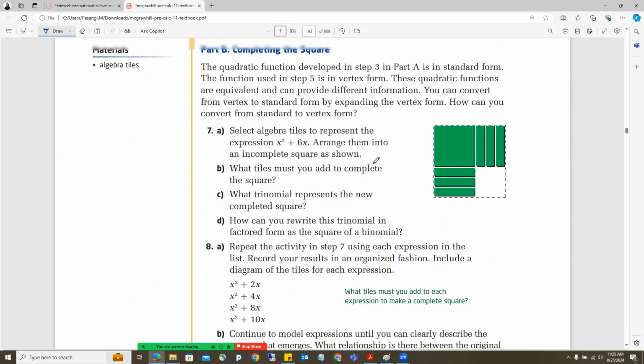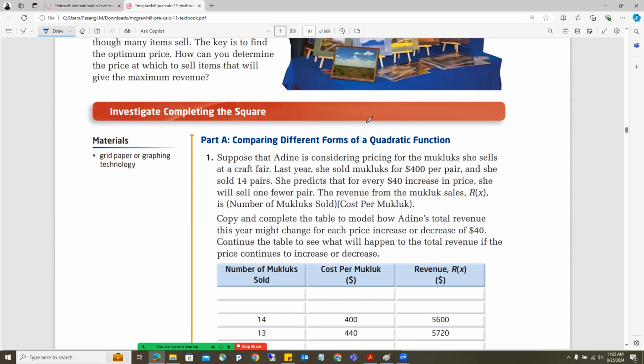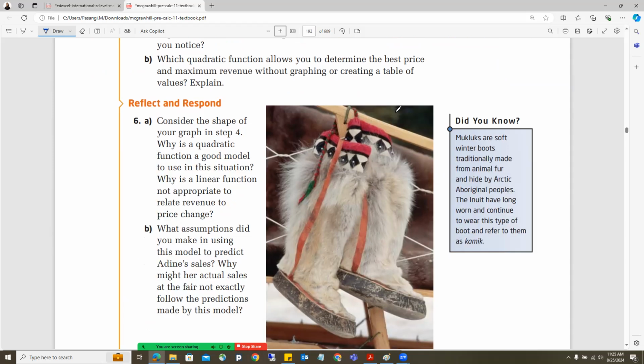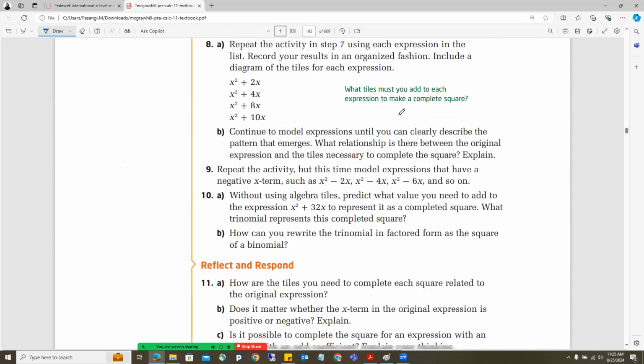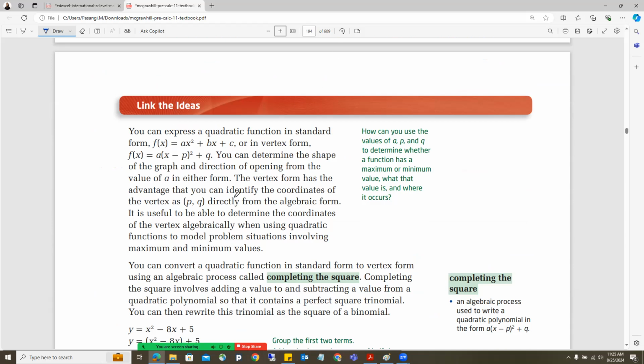The first one would be kind of a practical one. If I go to the theory directly, link the ideas. I'm just moving to the theory, then you can try out that practical thing later.